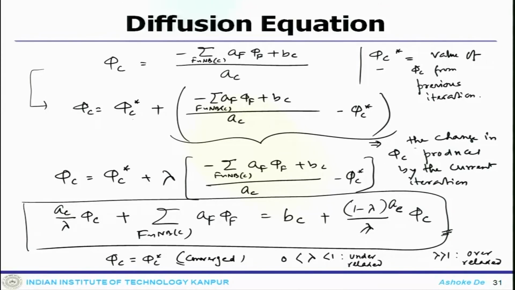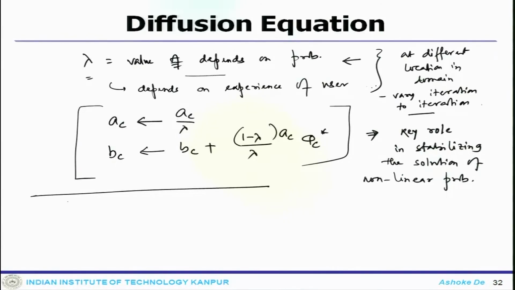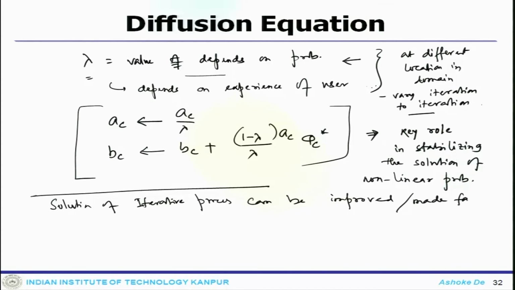The iterative solver can be converged, or the solution of the iterative process can be improved, or maybe made faster, number 1.